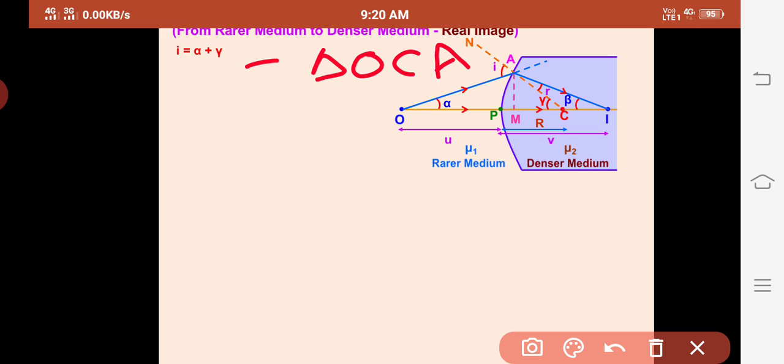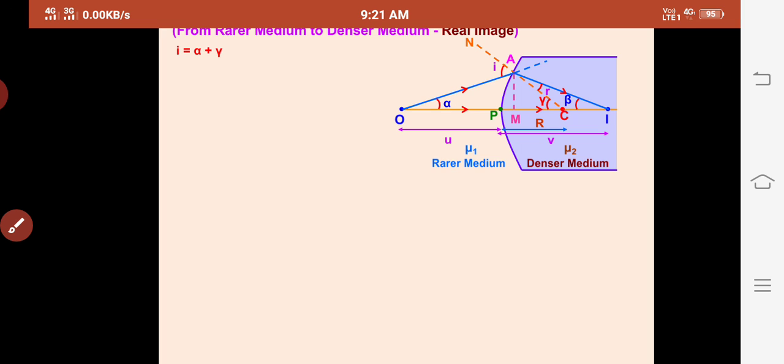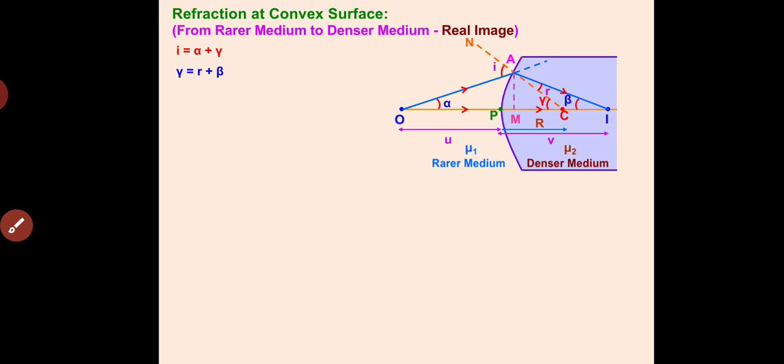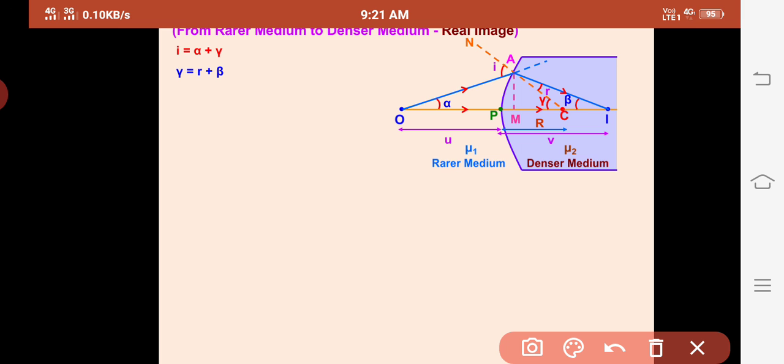Exterior angle is equal to the sum of the two opposite interior angles. Exterior angle i is equal to the sum of the two opposite interior angles alpha and gamma. Similarly, we can find the value of angle r with the help of a triangle. Now we are going to use triangle ICA.